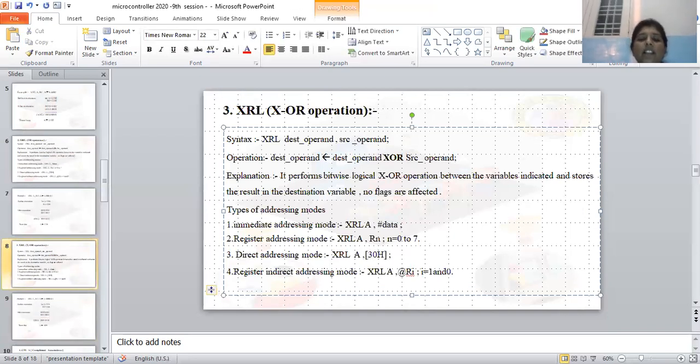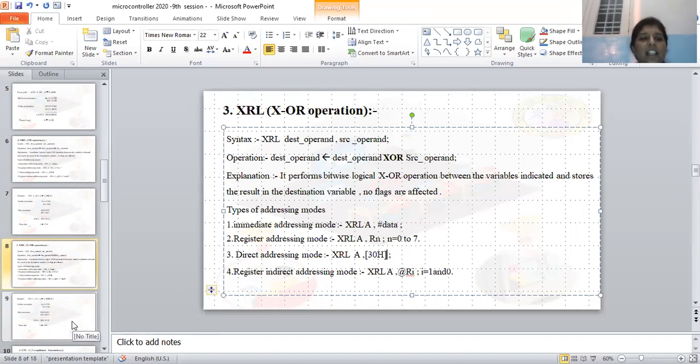For register indirect addressing mode, XRL A, @Ri. The register appended with the @ sign represents indirect addressing mode, where i is equal to 1 or 0.